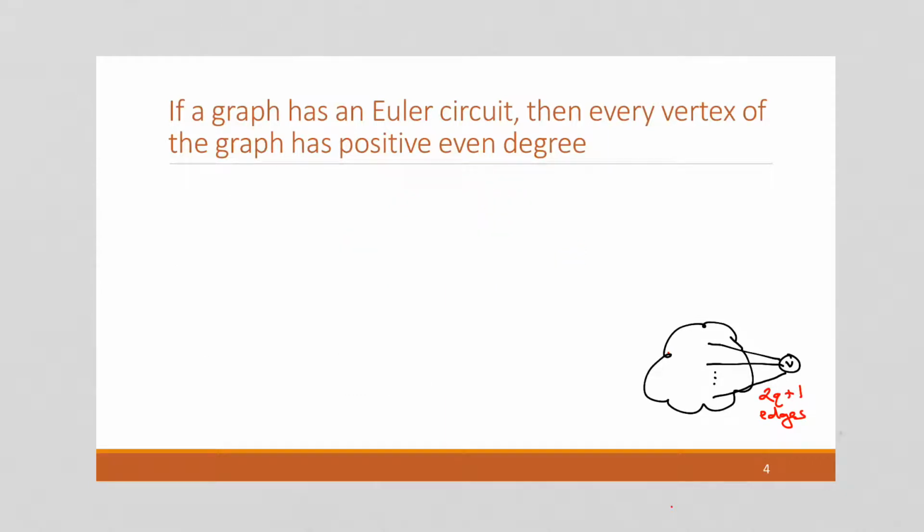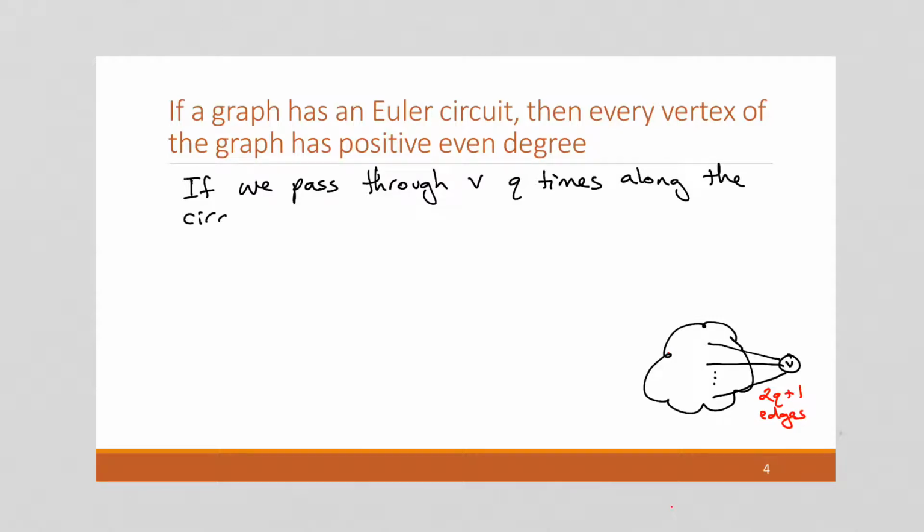That's the proof idea, but now we want to be a little bit more formal. We say that if we pass through V Q times along the circuit, each time removing or coloring or in some way marking the edge that we've used.